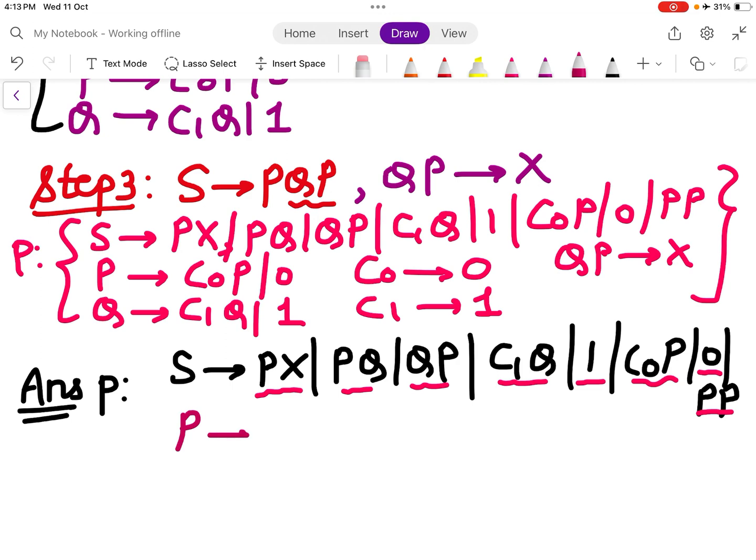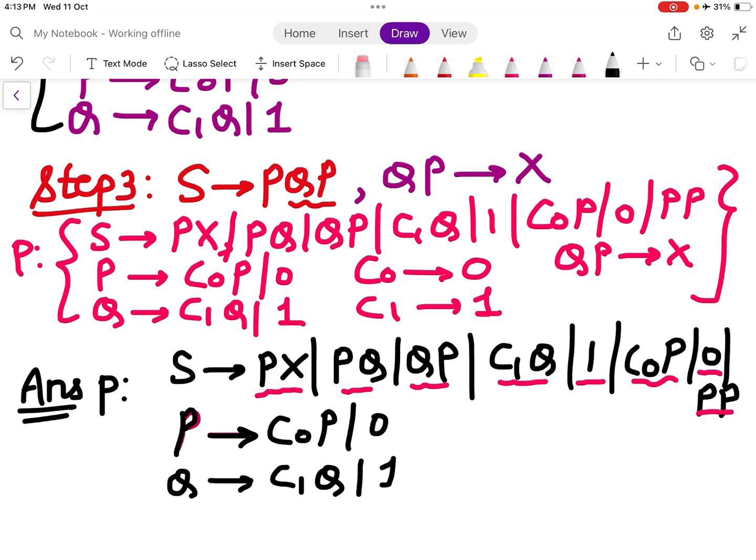Next is P giving you C0P slash 0. Q gives you C1Q slash 1. C0 we had replaced with 0. C1 was 1.